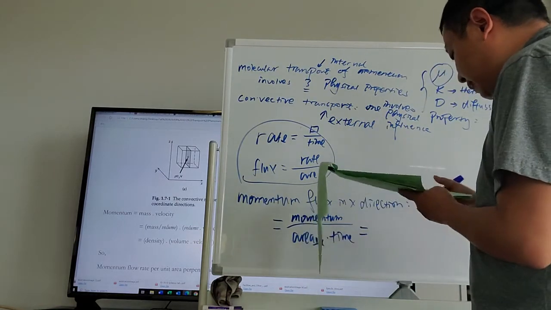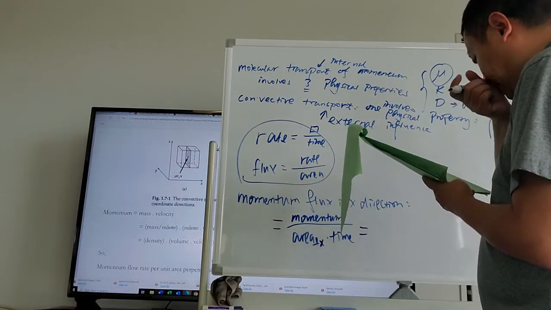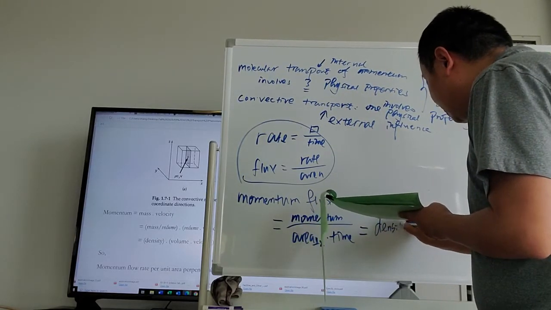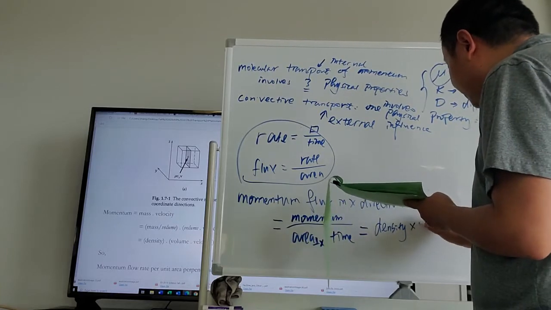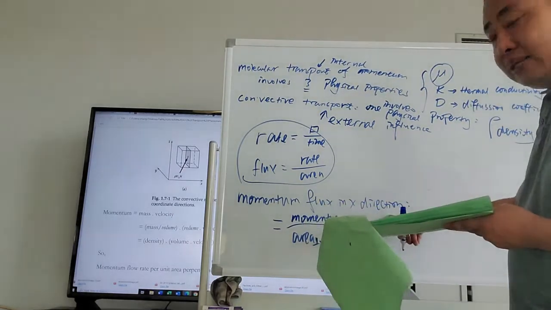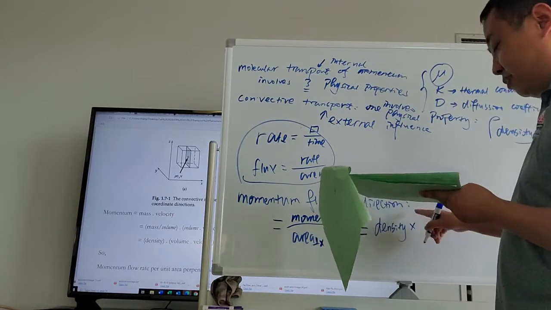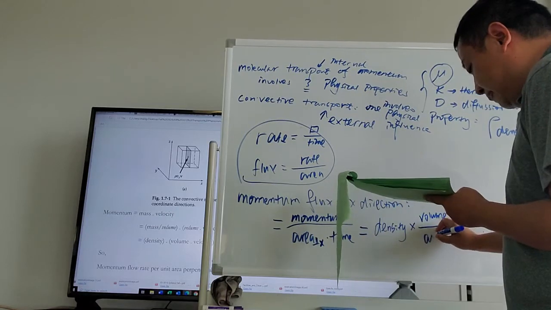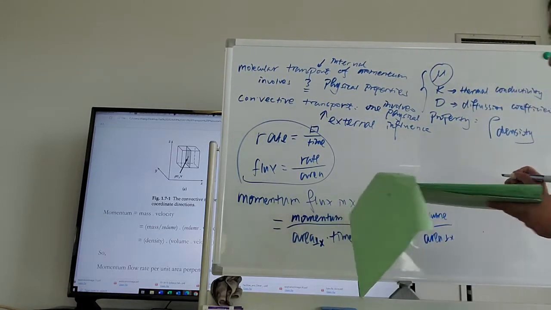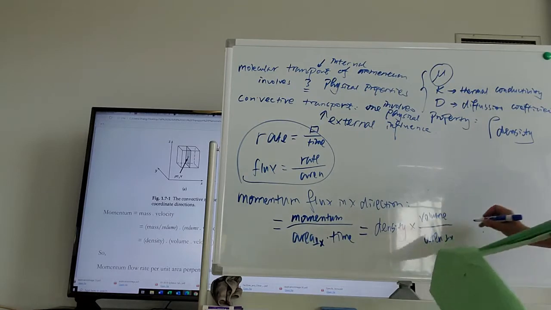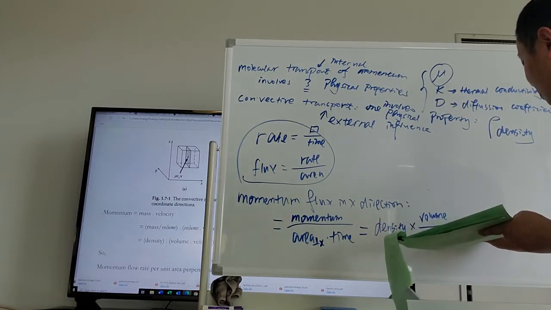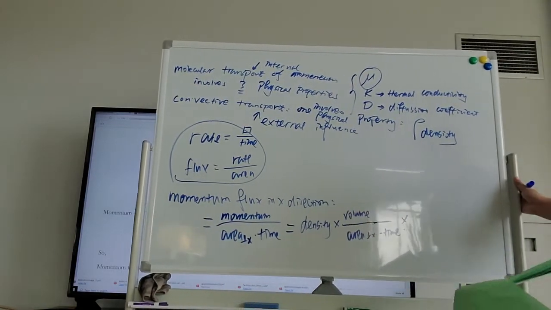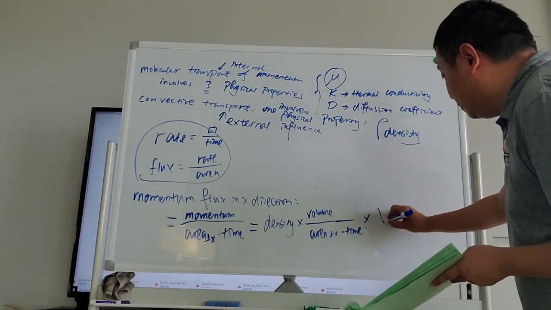So what we can get is density, which is mass divided by volume, and then we multiply by volume, then divide by area perpendicular to x, and multiply by time, and also multiply by velocity.